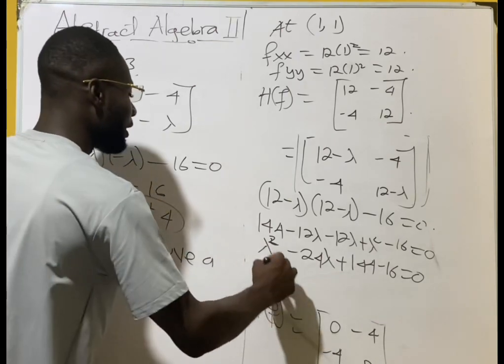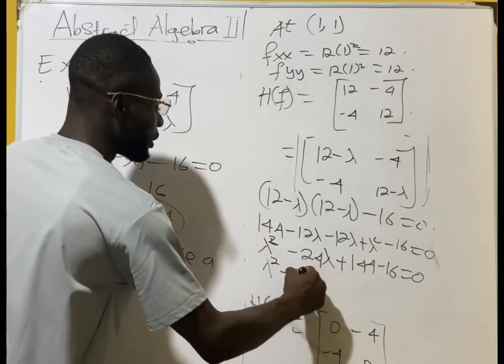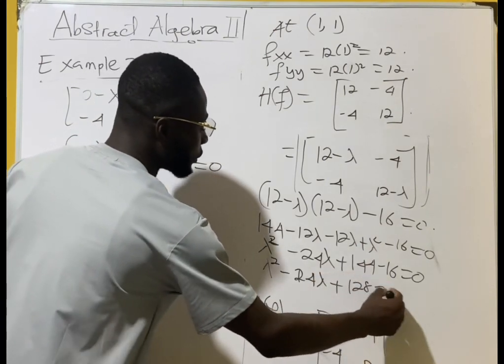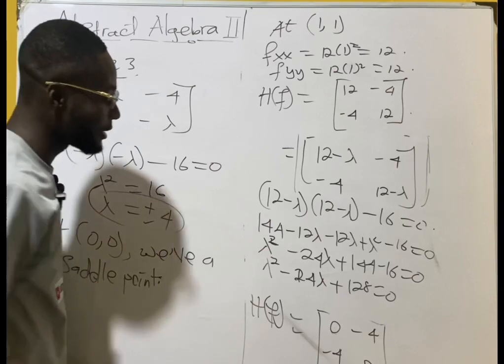This is basically lambda squared minus 24 lambda plus 128 equals 0.